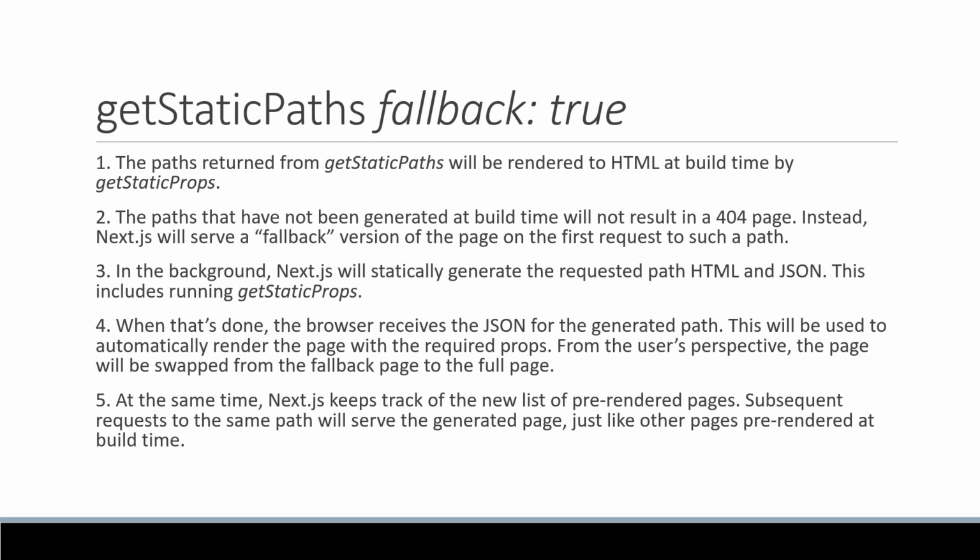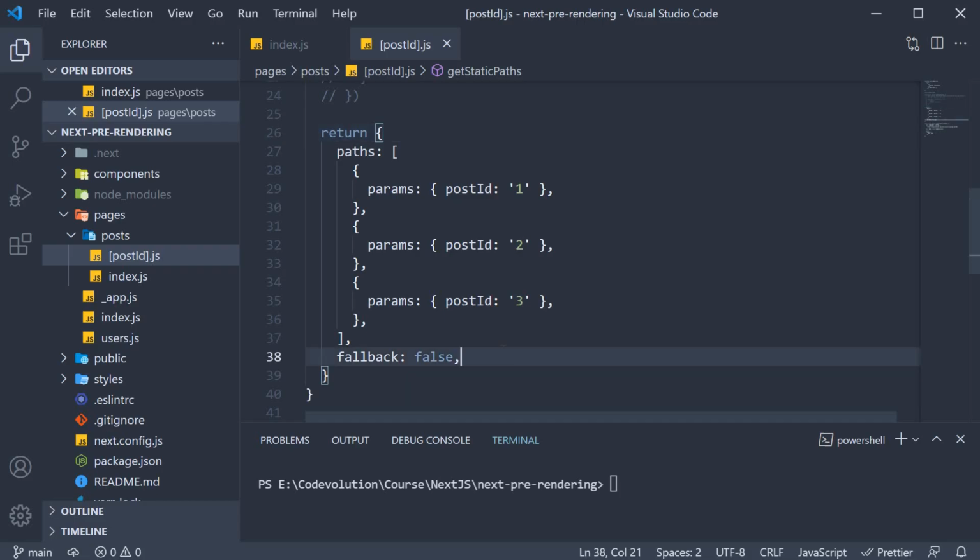Let's understand all these points with regards to our application. Now, the first point mentions that the paths returned from getStaticPaths will be rendered to HTML at build time by getStaticProps. So back in VS Code, our first and the most important step is to set fallback to true.